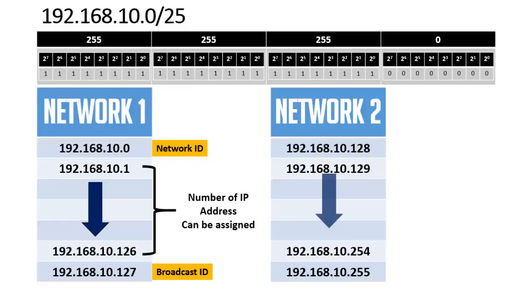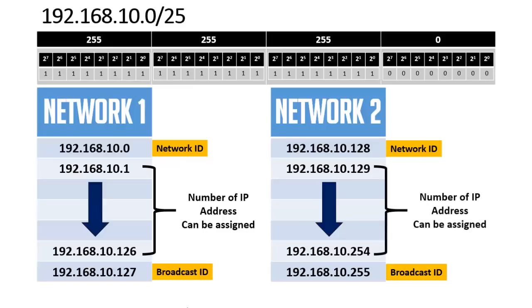As I have explained earlier, the first IP address is the network ID and the last IP address is the broadcast ID, and the IP addresses in the middle are the host IP addresses, and these start from 192.168.10.129 to 192.168.10.254. These are the IP addresses which you can assign to the devices in a network.